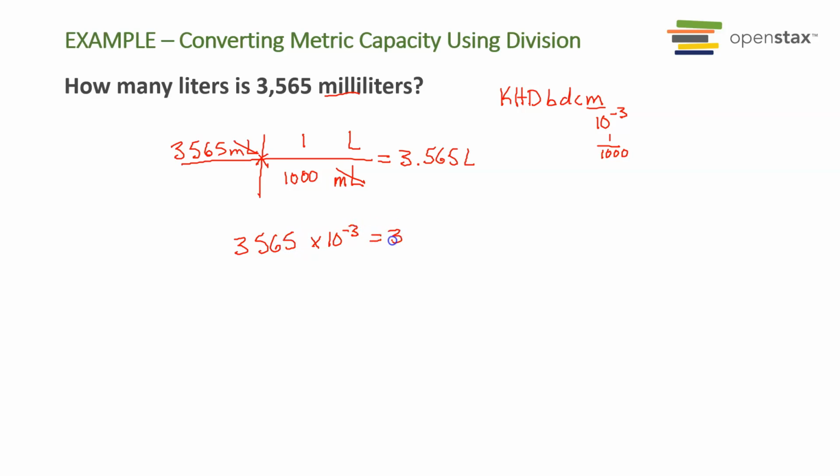That's also going to give me 3.565 liters. But it's also just the same thing as 3,565, and in this case, the decimal's at the end. We just don't write it. And it's negative 3, so we go 3 spaces back. And so that means that this is in milliliters, and this is 3.565 liters.